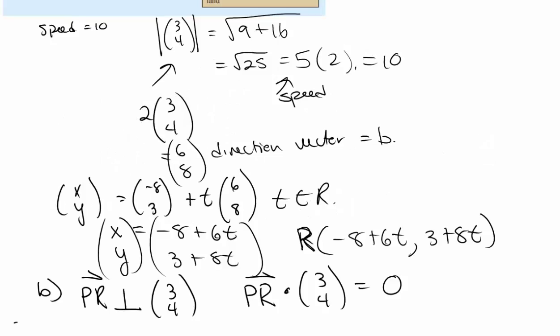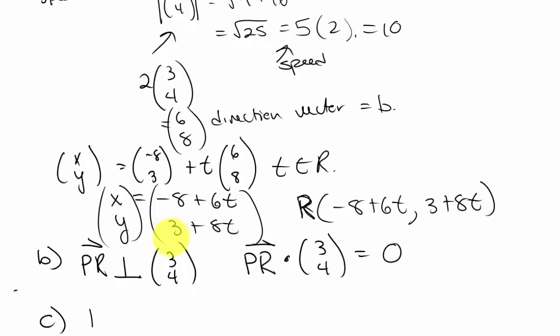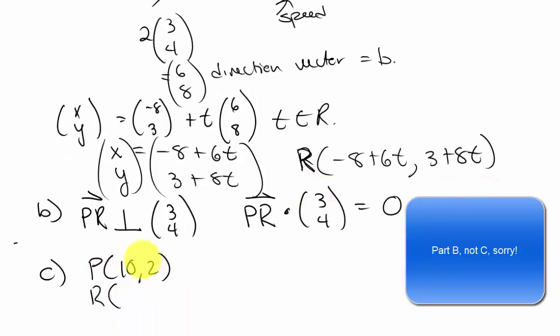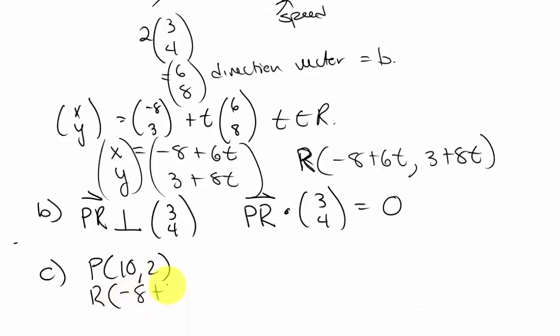Find the time when the ship is closest to the port, which is P at 10:02. So we have our R value, which we just found the expression for, -8 plus 6t and 3 plus 8t.